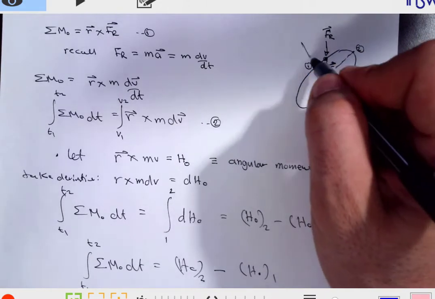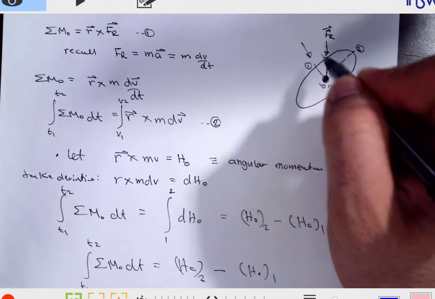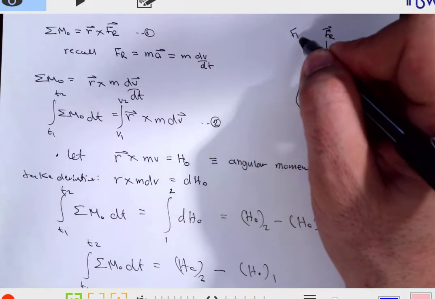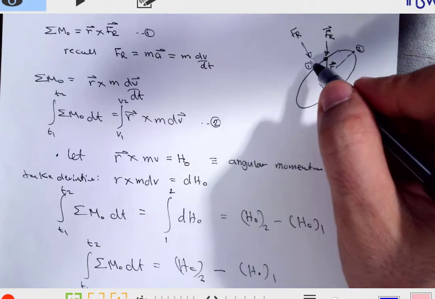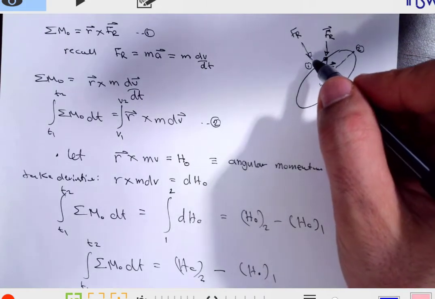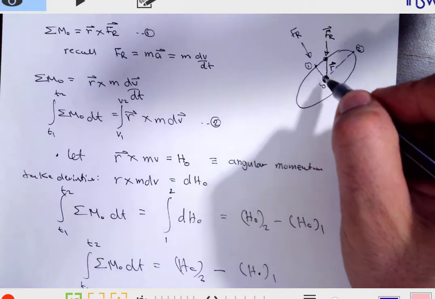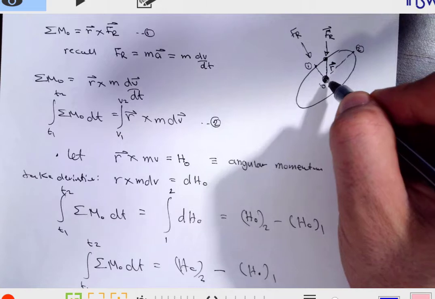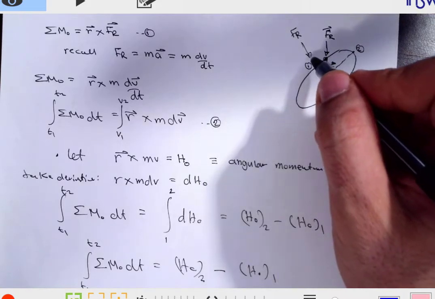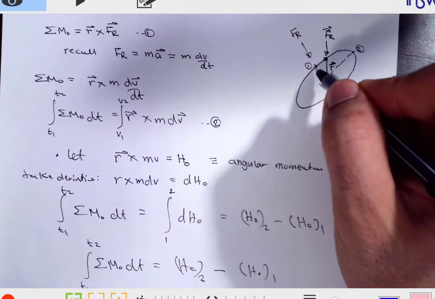There is always a force acting on this. The only force acting on this satellite is due to the gravitational force, which is directed always toward the Earth, which means it's going along the vector r.